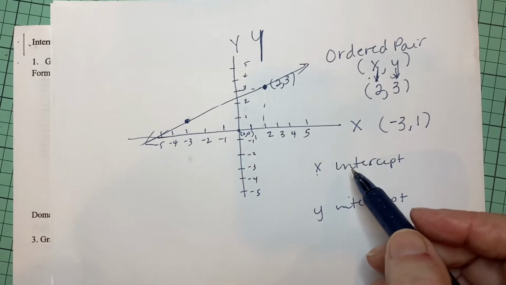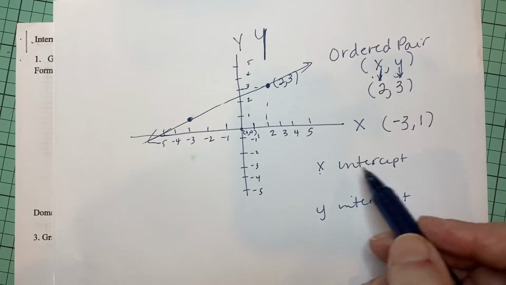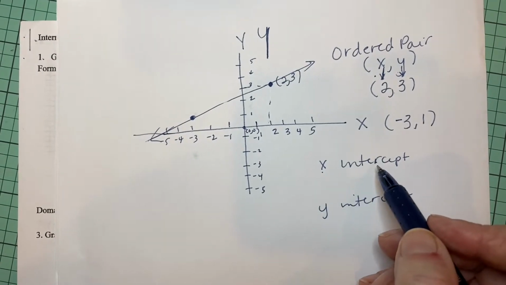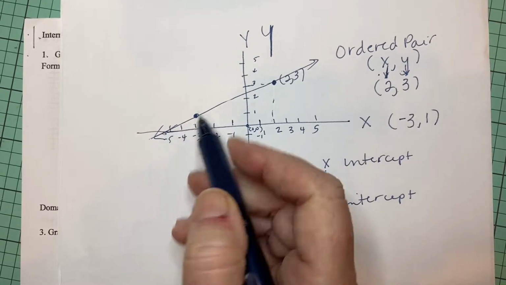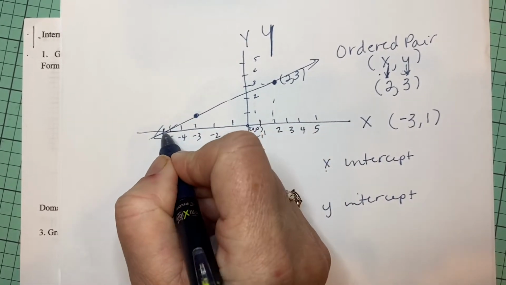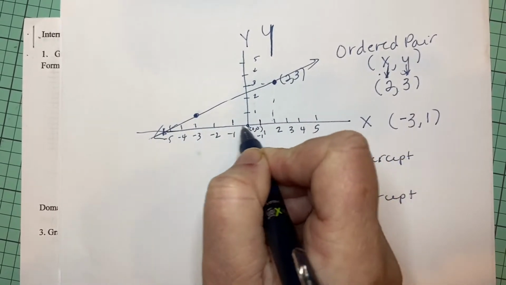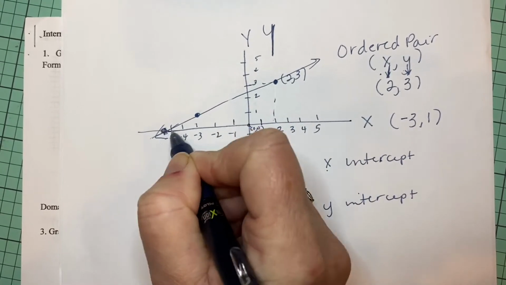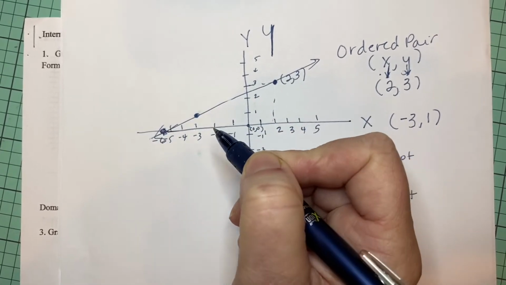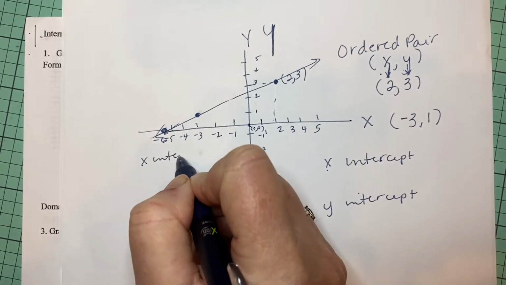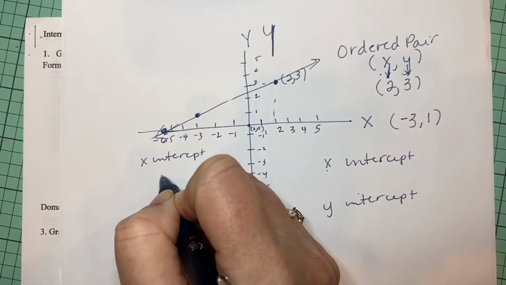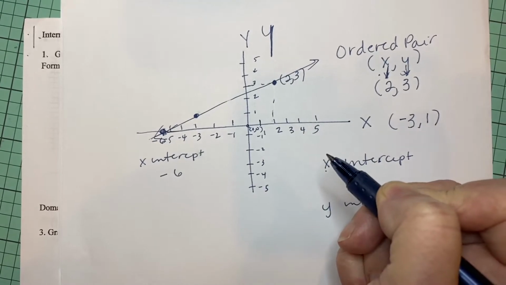The word came from math before football, but it's where the x-axis intercepts that line. I didn't draw this really to scale here very well, but it crosses right here, and that's at the point -6. So the x-intercept for this line is -6.